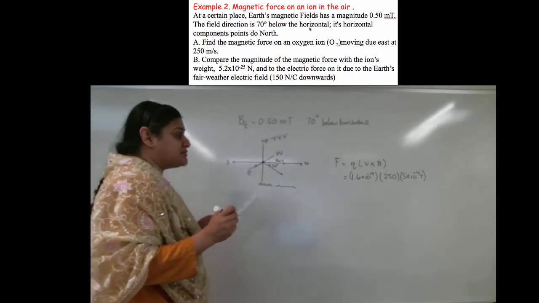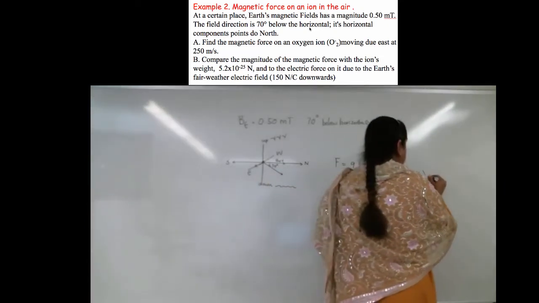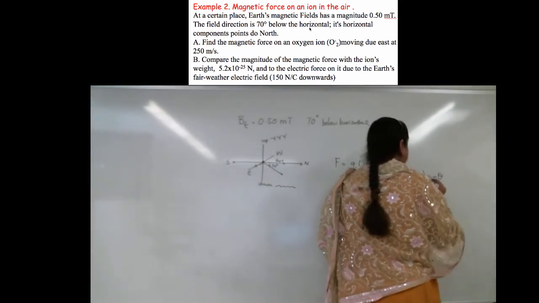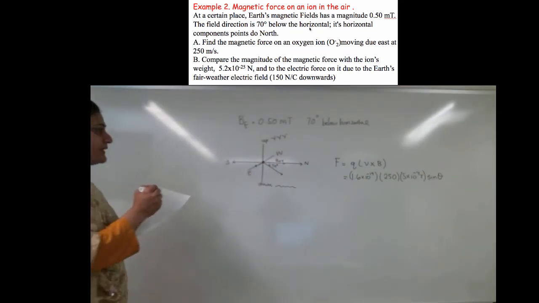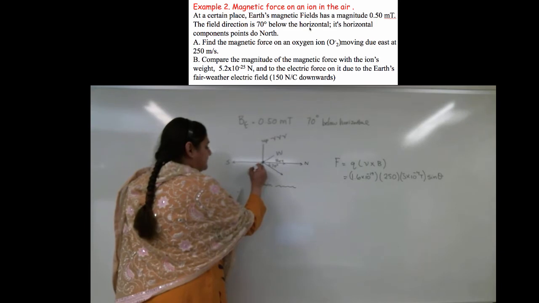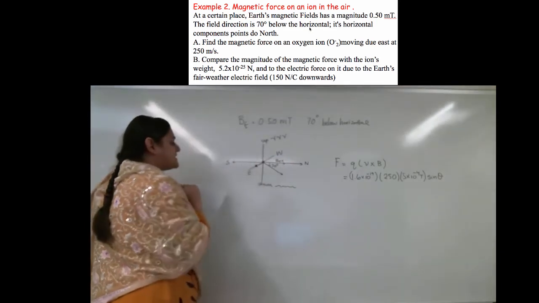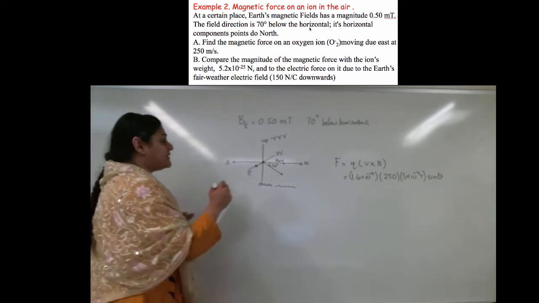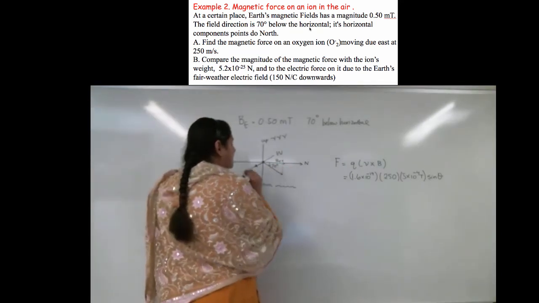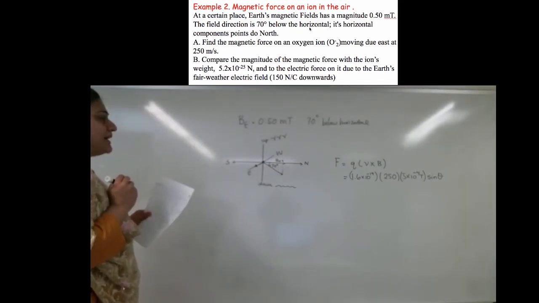Because this is a cross product, the way we replace the cross product is with sine of theta. Yes? What is theta? Now this is moving east. The field is along north and south. There is no field component along east and west. There is a B field component along north and south, right?